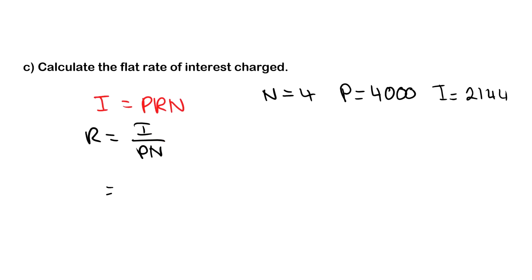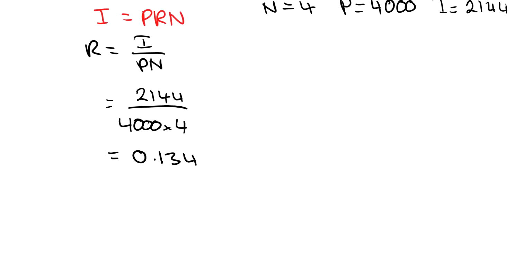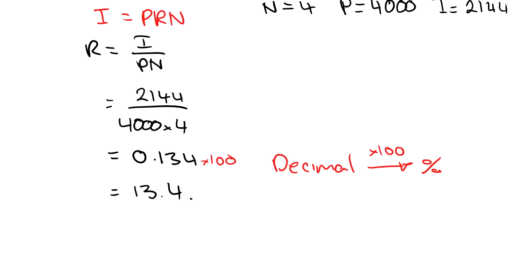Substituting in our values, 2,144 over 4,000 times 4, and that comes out at 0.134. Now remember, that's a decimal. To go from a decimal to a percentage, we times by 100, and we end up with 13.4% per annum.